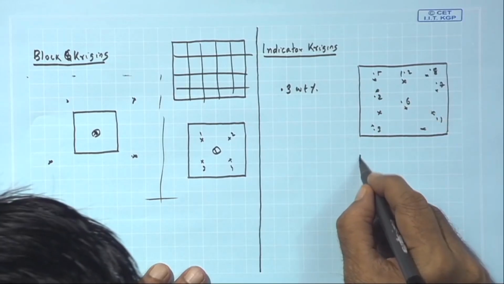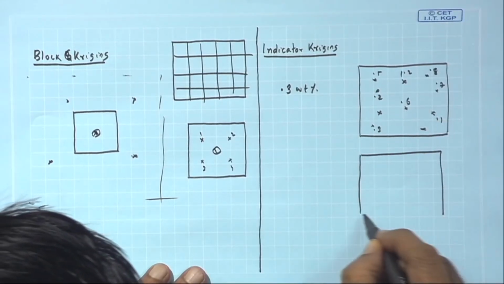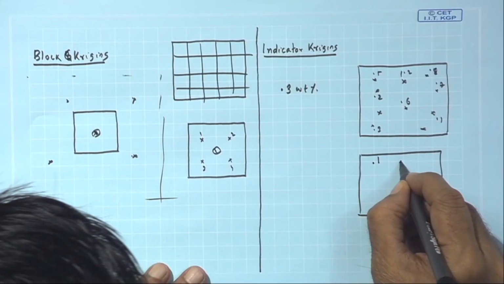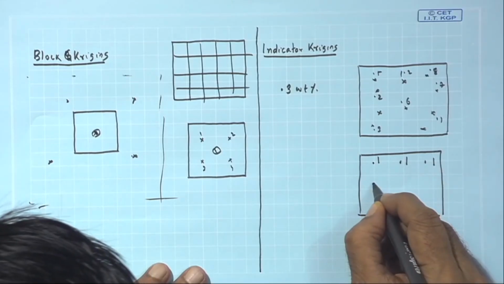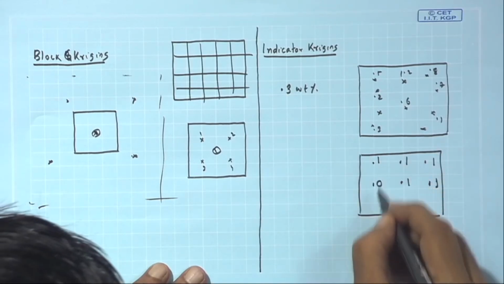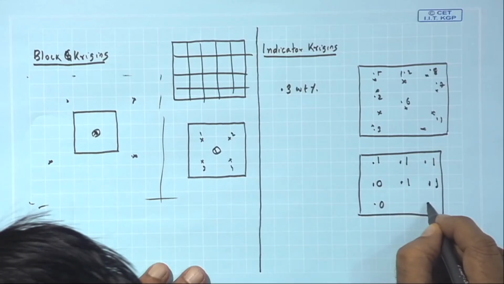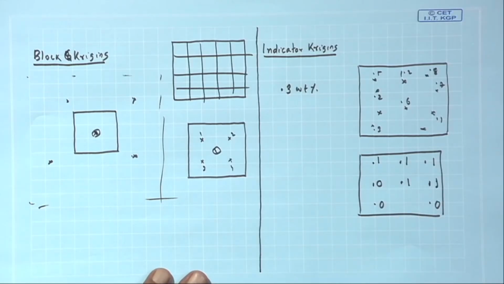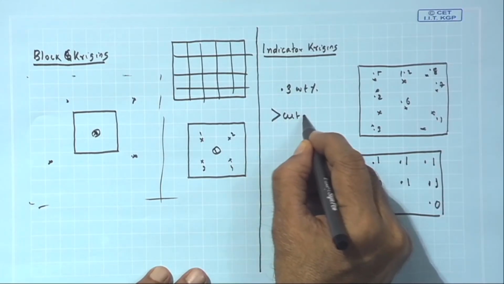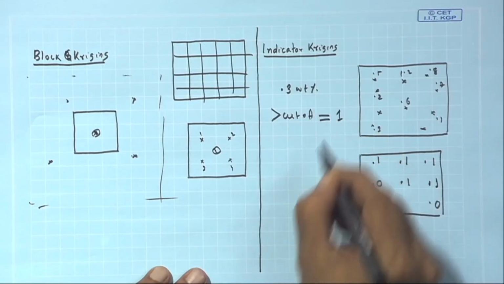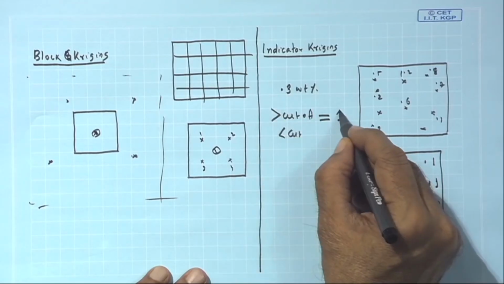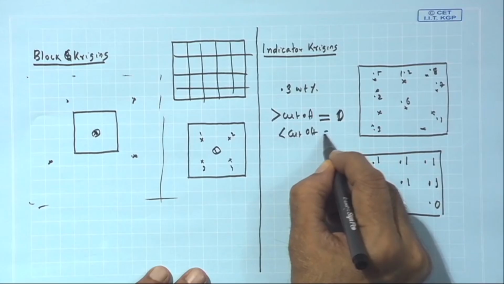For example, in this example, this will be 1, this 1, this 1, this 0, this again 1, this 1, and this 0, and this also 0. So the points where the grade is greater than cutoff are taken as 1, and where it is less than cutoff, it is 0.